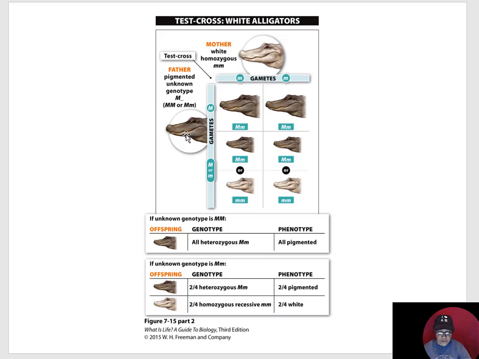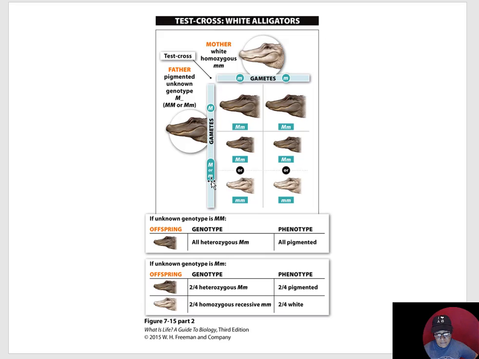However, if it turns out that our unknown individual in our test cross ends up having offspring that are albino, or basically homozygous recessive, then we know this unknown individual was heterozygous, right? Because somehow, somewhere in his genotype, there was the recessive gene that we could not see phenotypically because the dominant gene is going to express.